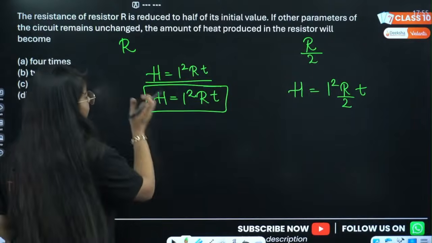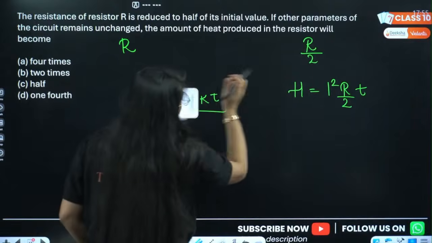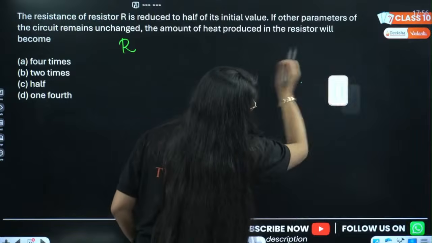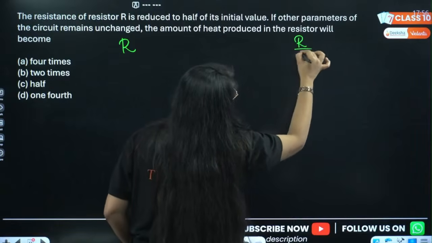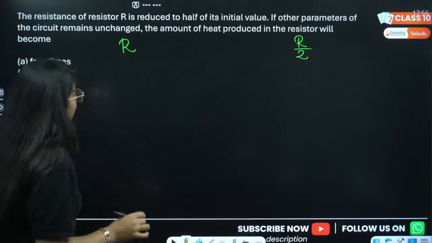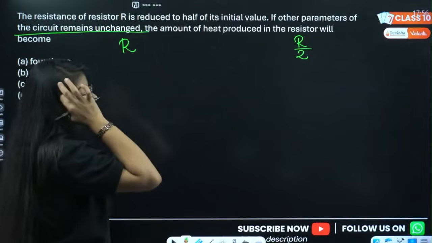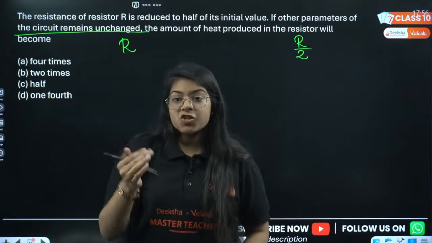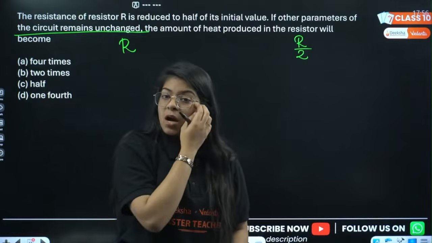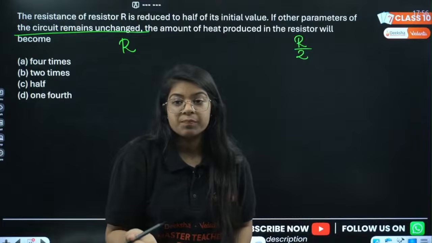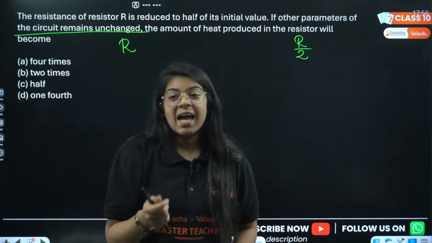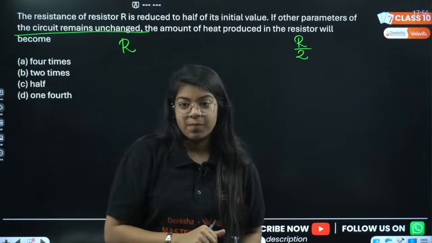Okay, let me tell you. We will be using another formula. Look, this is R by 2. When they say that other parameters of the circuit remain unchanged, that means voltage remains unchanged, because voltage is from the source. If you change the V, I will also change.